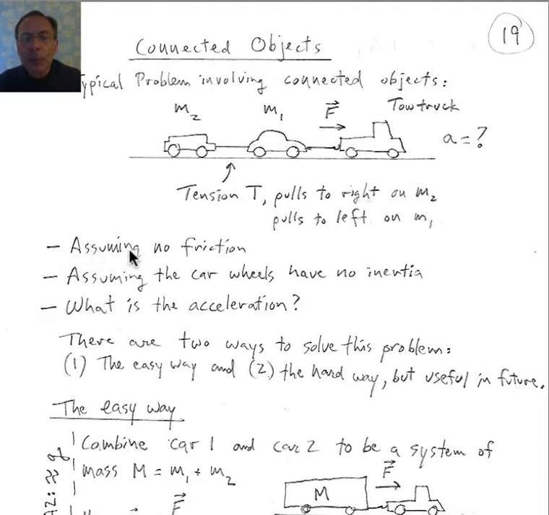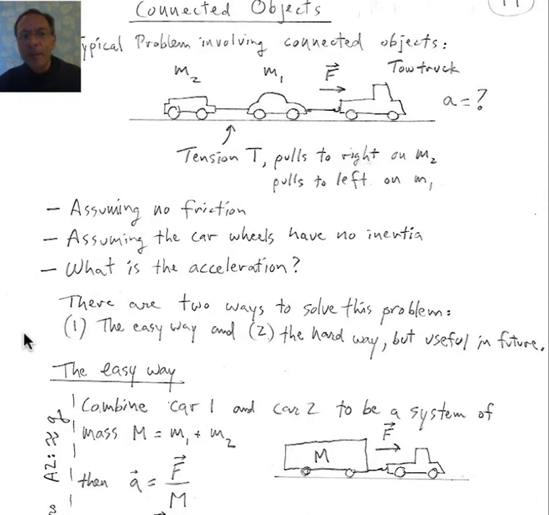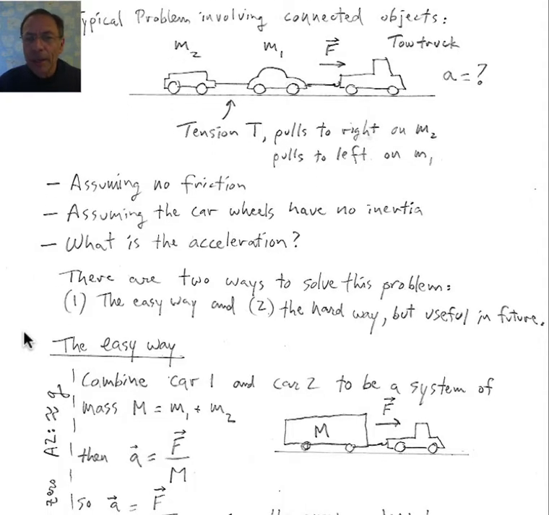We're going to assume there's no friction, and we're going to assume that the car's wheels have no inertia. And you might be wondering, well, what are we talking about here? This has to do with something that's going to come up later in the course. And yeah, what's the acceleration? So there are two ways to do this problem, and I'm calling them the easy way and the hard way.